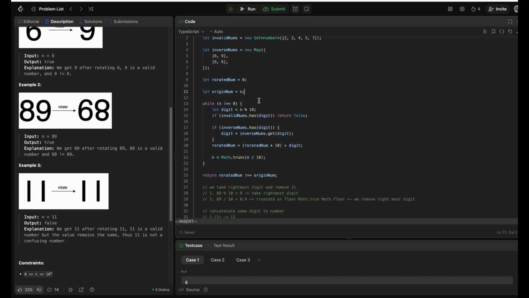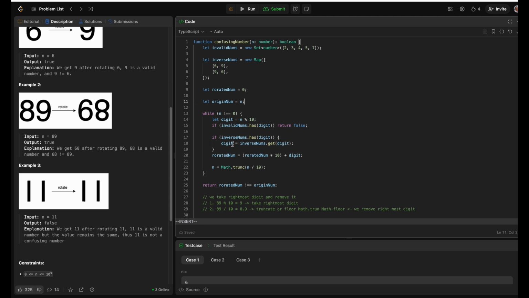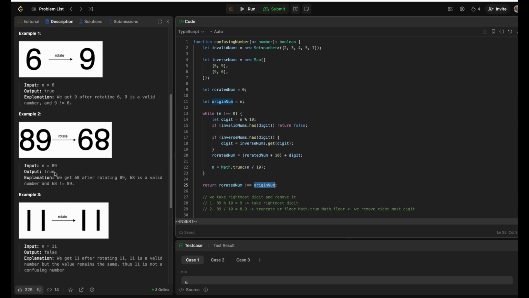And then the last step, we compare our calculated or concatenated answer with the original number, and if they are not equal, it means they are different and the answer exists. So that will happen with example 2. We have 89 and then we have 68.